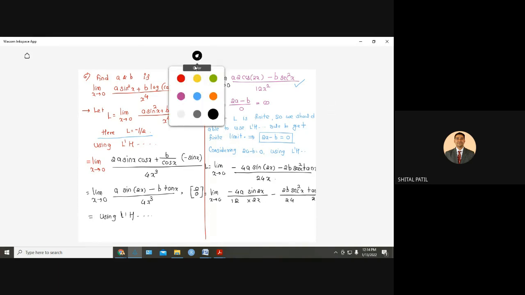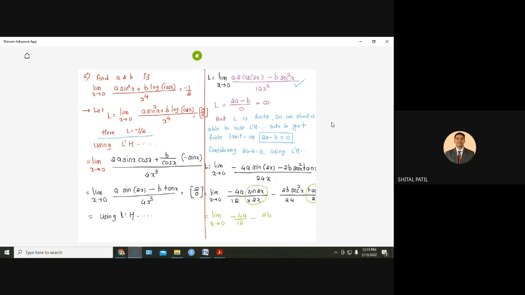As we know, tan x by x is 1, and sin 2x by 2x is 1. Therefore we have limit x tends to 0: minus 4a divided by 12 minus 2b.